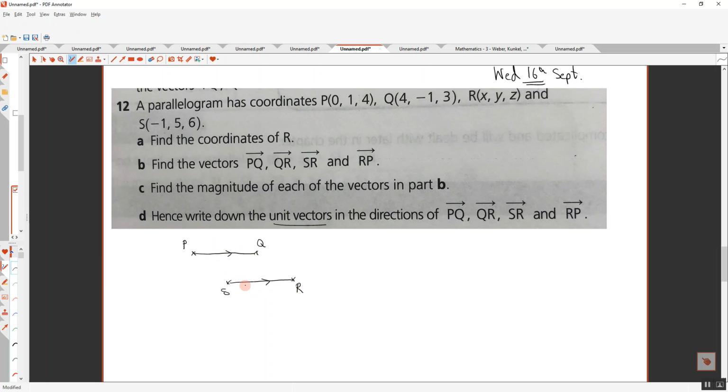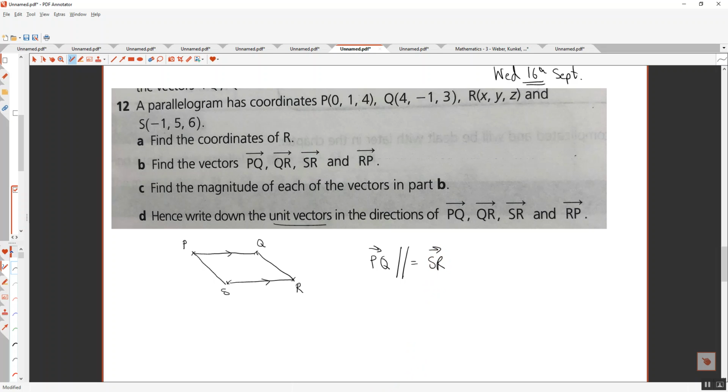Well, when I say it's different, these two vectors are essentially the same thing, but I can't make this P to R or Q to S because Q is up here. Hopefully that makes sense. So there's our parallelogram, and I know that P to Q is parallel, and it's also equal to S to R.